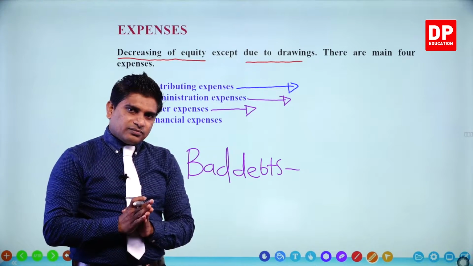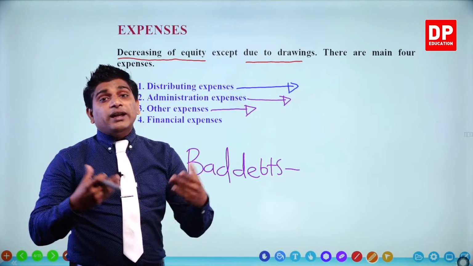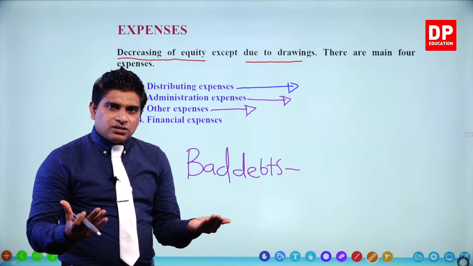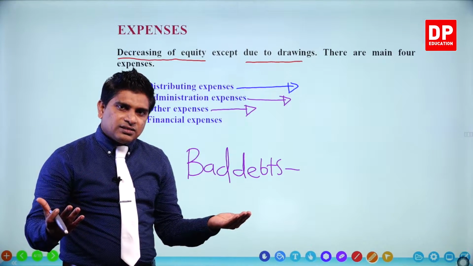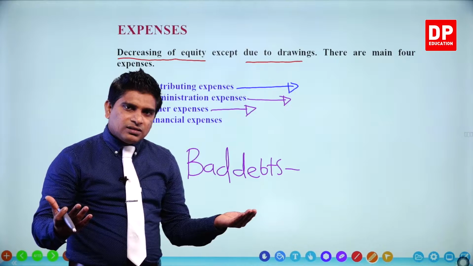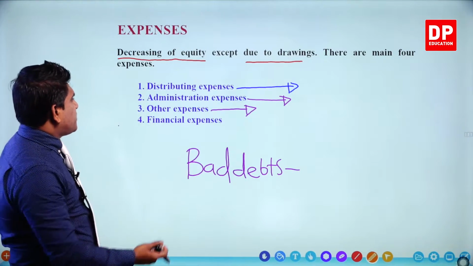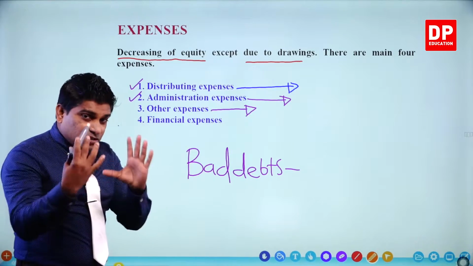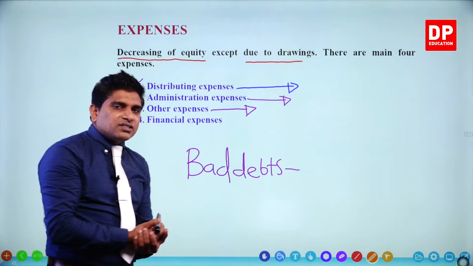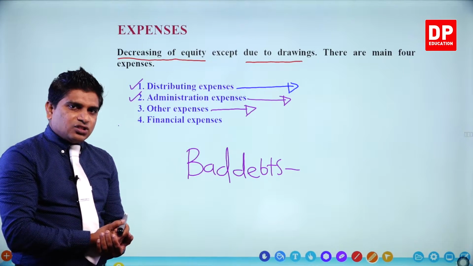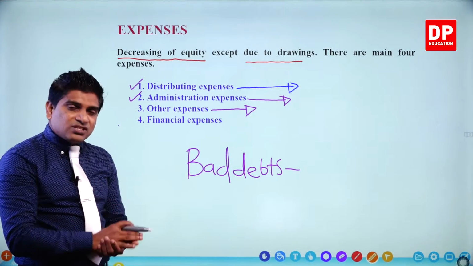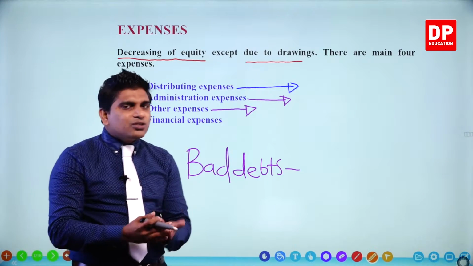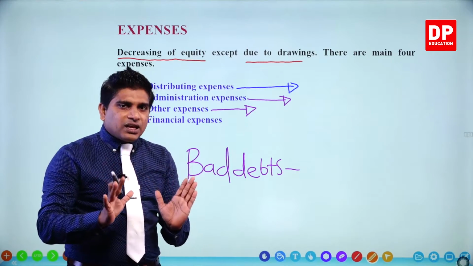But stolen cash is a loss, and stock damage due to flood. Can you put these two under distributing or administration? No. There's no place to record them, so we write them under other expenses. Stock losses, stolen cash, donations, these are the other expense category.